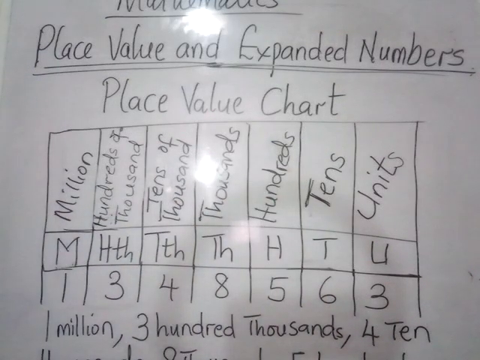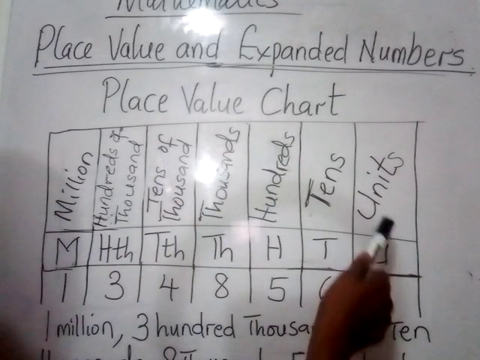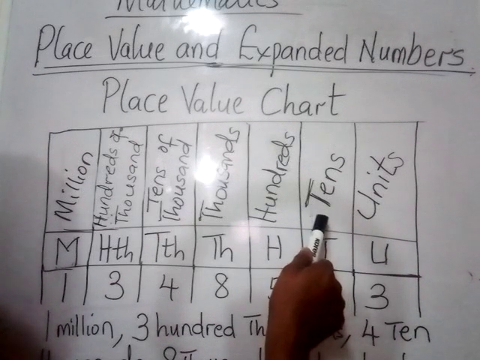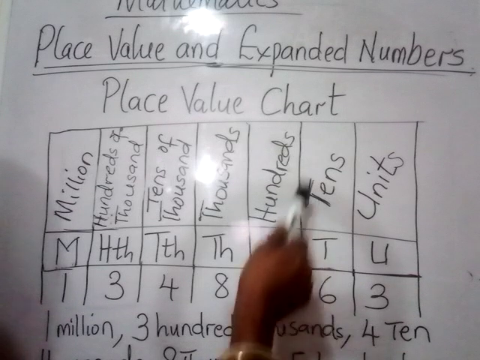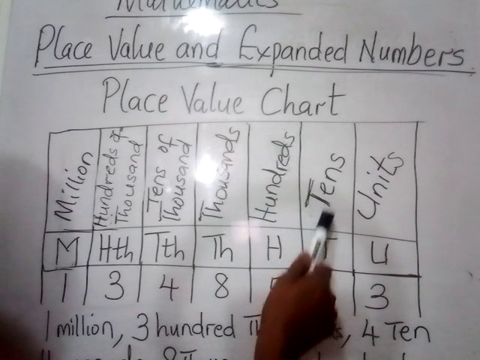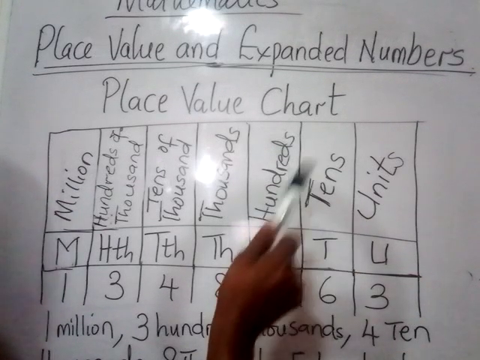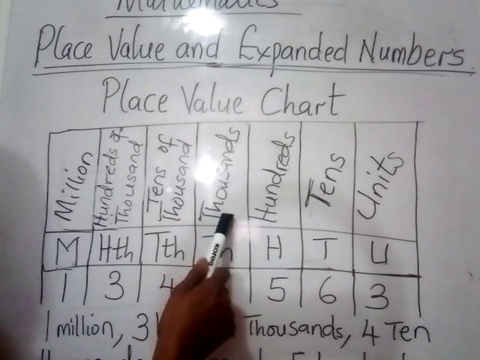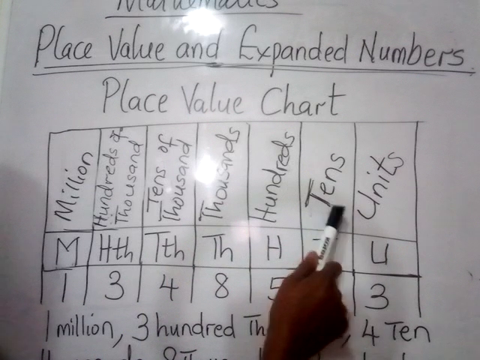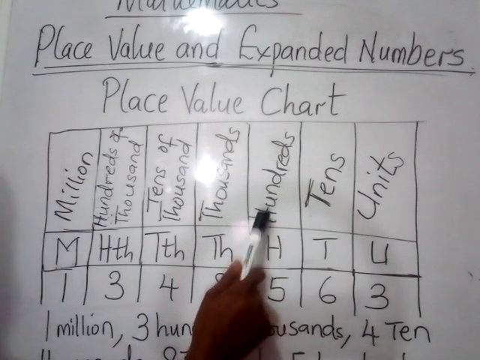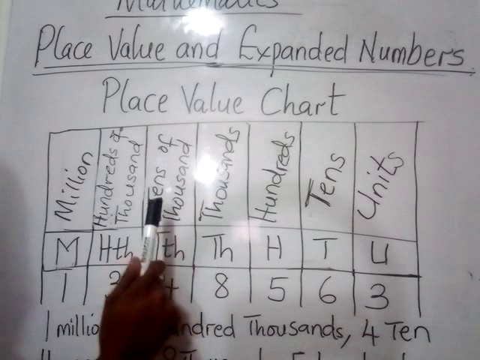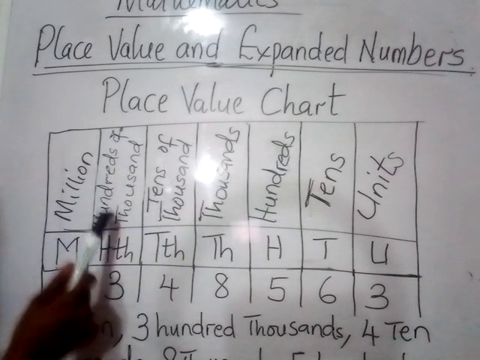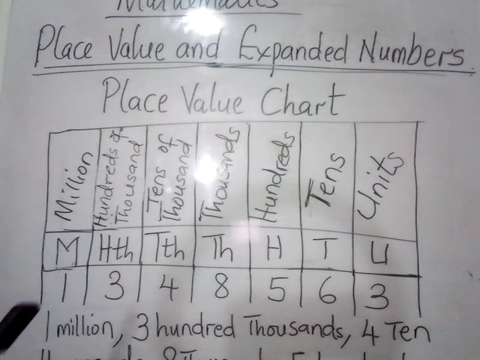So you find out that, for instance, this is unit. By the time you step to the next level to the left, it is whatever number is there multiplied by 10. When you go to 100, it's whatever number is there multiplied by 100. The next one multiplied by 1,000. And if you look at each of them, 10 has 1 zero, 100 has 2 zeros, 1,000 has 3 zeros, tens of thousands or 10,000 has 4 zeros, 100,000 has 5 zeros, and a million has 6 zeros.